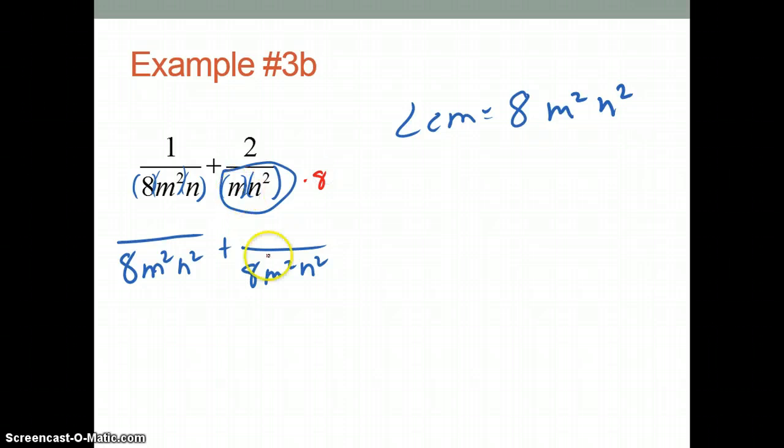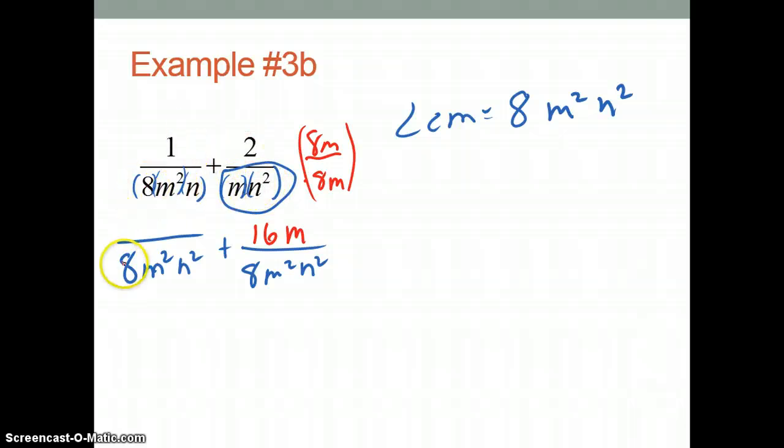We also have to take this m and get it to m squared, so we have to multiply it by an m. N squared and n squared match, so we know that when multiplying, this is what we're going to multiply by. We have to do top and bottom by it. The top becomes 16m. This one, we treat them individually. So what we multiply the first fraction by will be different than what we multiply the second fraction by.